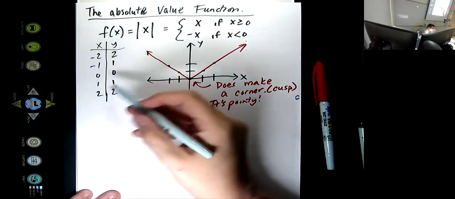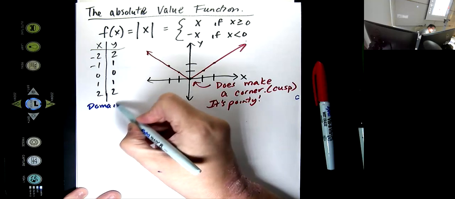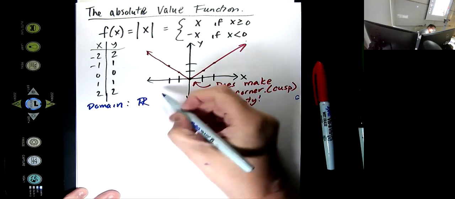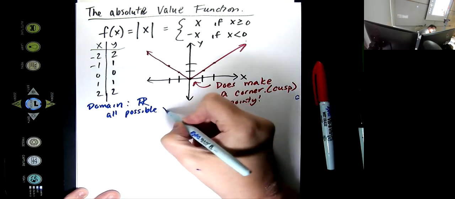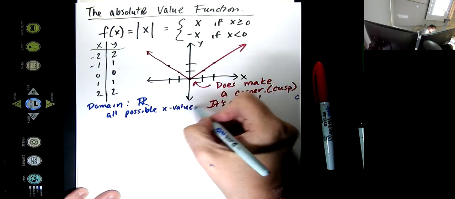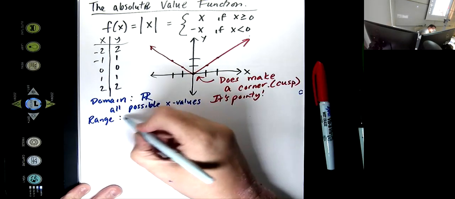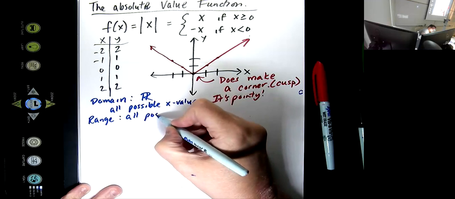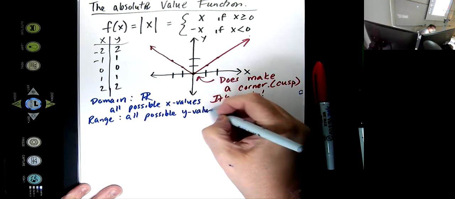So the domain is all the possible x values, the domain is all real numbers, just as a reminder. It's been a couple days since we did it, and I didn't actually re-say it. Range is all possible y values. And the range can't be negative here.